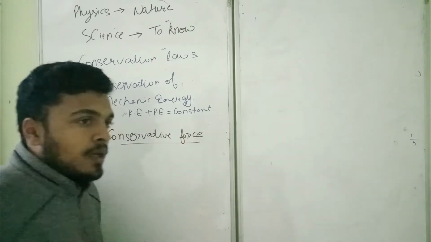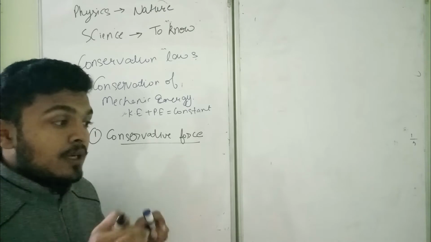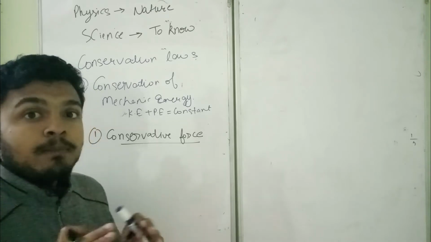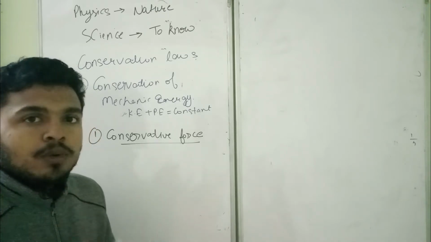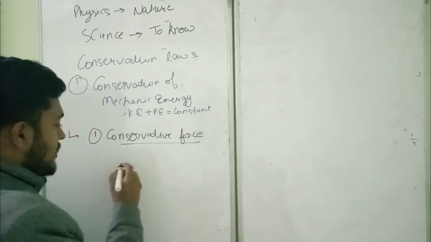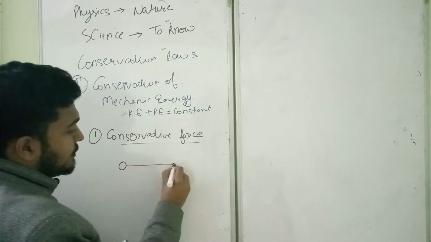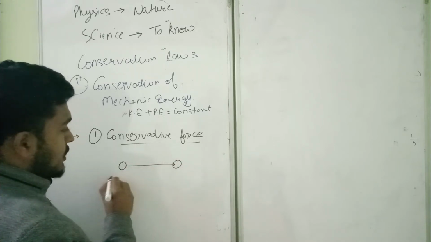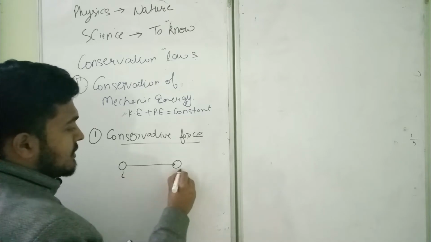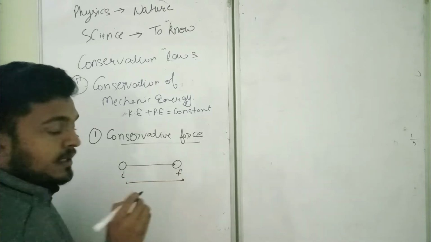A force is called a conservative force if the work done by that force depends only upon the initial and the final position. So if this is a body and we move it from this position to this position, this is the initial, this is the final position. This is the displacement s.